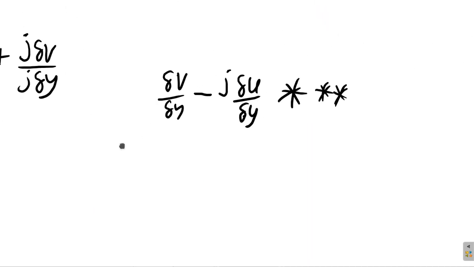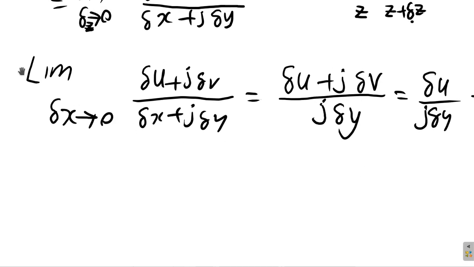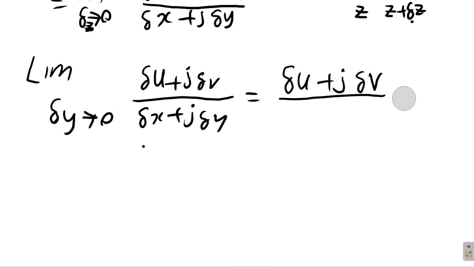I'm going to be using it later on. So now, suppose it is del y that I make approach 0. What would happen? Well, under here, this part would go to 0 at the limit. So we have this divided by del x. You see that?